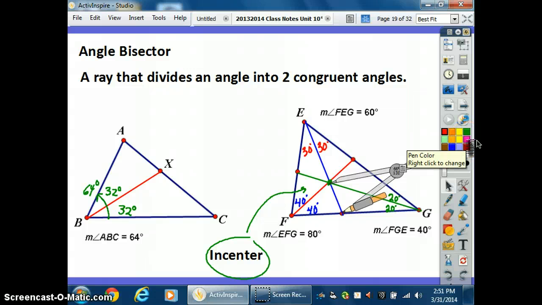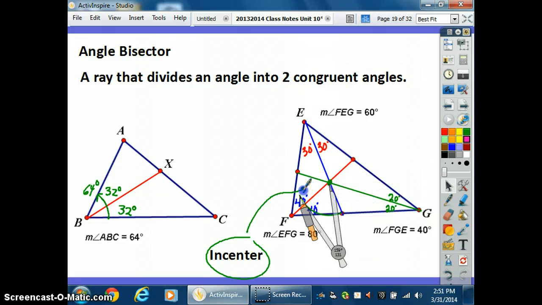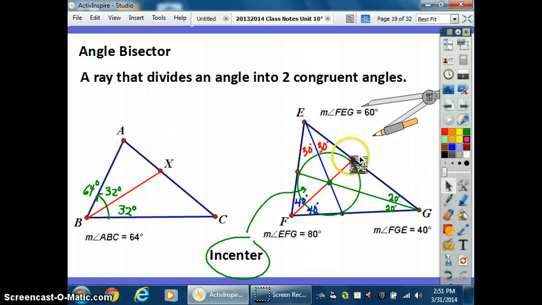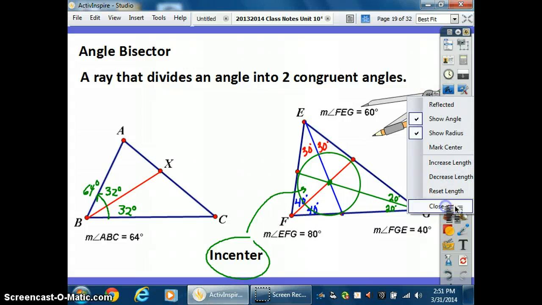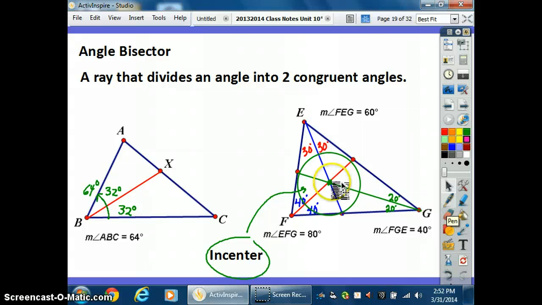I know I need to adjust this, you guys. It's supposed to be perpendicular here. Let's try it. It's close. There's a slight adjustment I'm supposed to do, but the circle is inside and centered on the incenter. So that point is where the radius comes out.